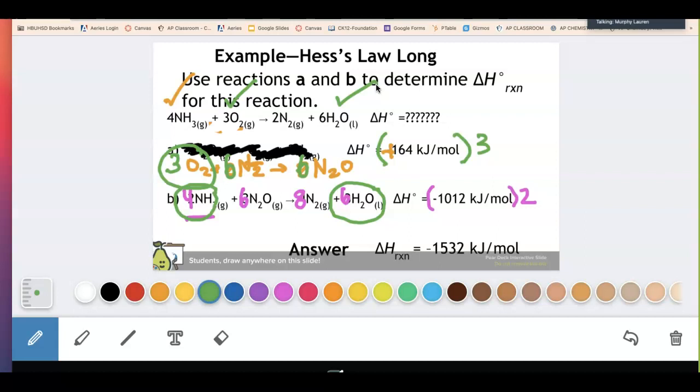So let's check out the nitrogens. Let's go back to them. There are 6 on the left and 8 on the right. So overall, that's a difference of 2 nitrogens. Okay? It'd be like you give someone $6 and then they give you 8. Okay, you end up with a change of $2.